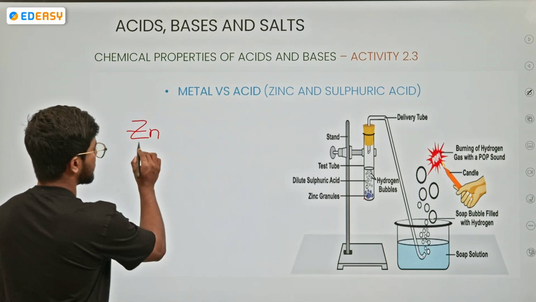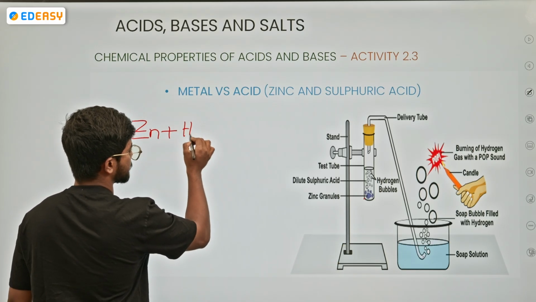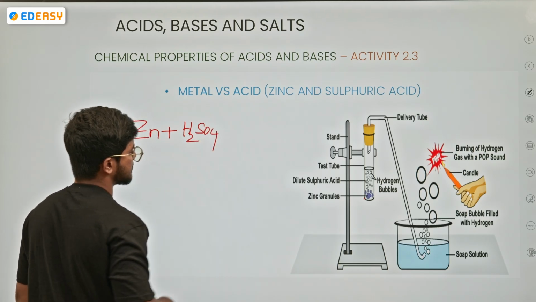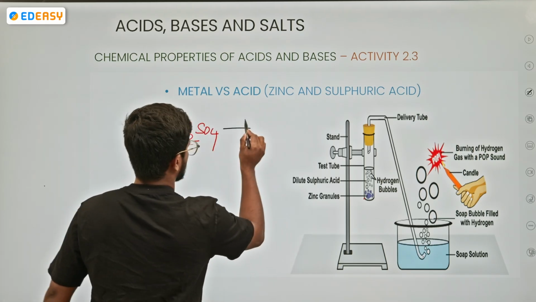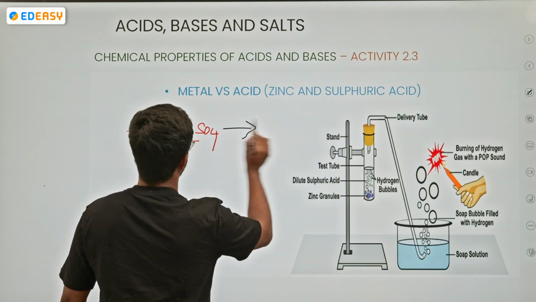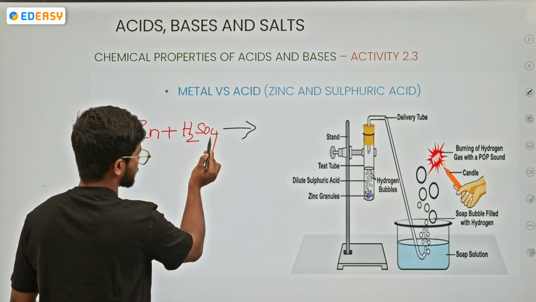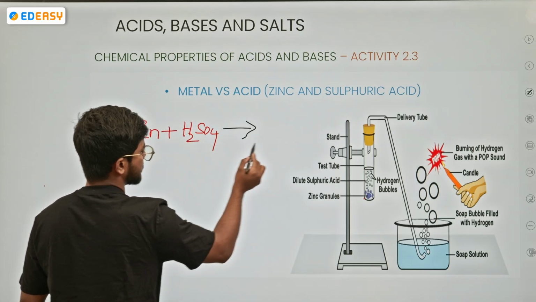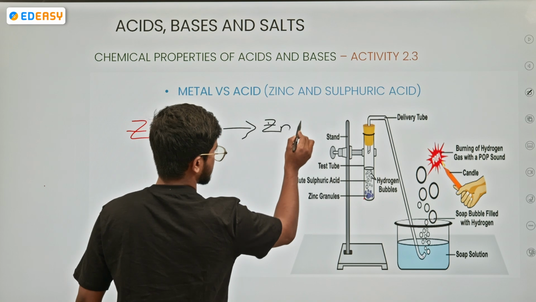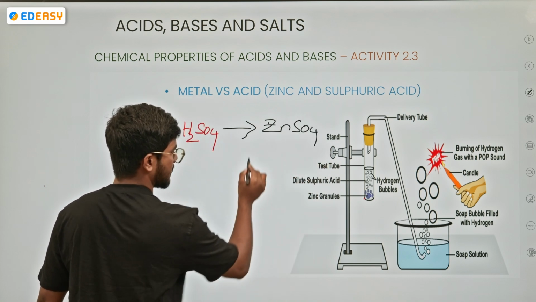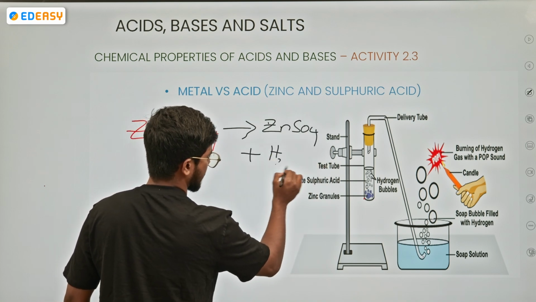Here, when zinc reacts with H2SO4, sulfuric acid, it gives ZnSO4, zinc sulfate, plus hydrogen gas.